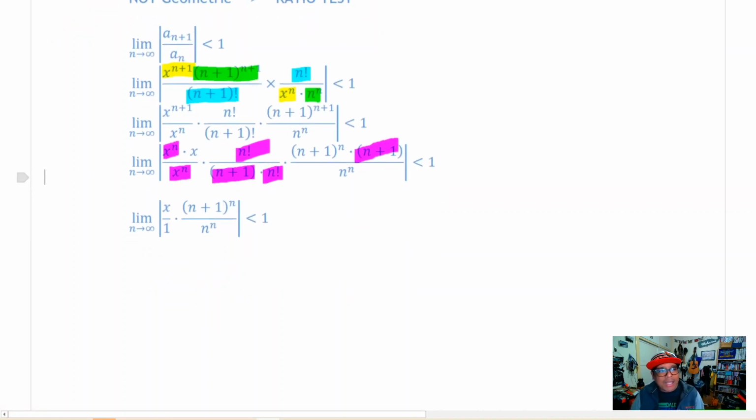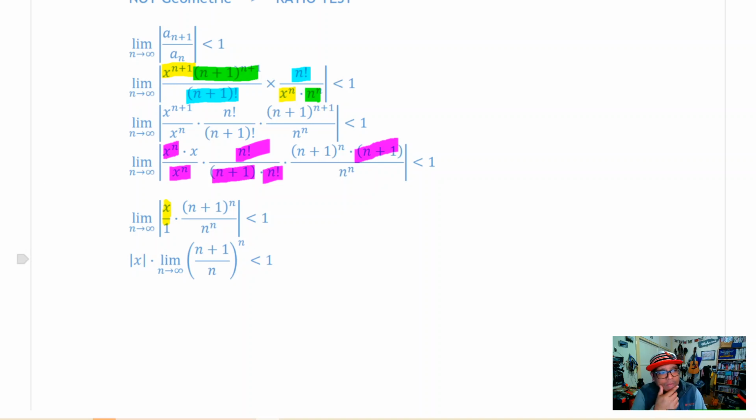Now the x right over here, I'm going to highlight this. This really doesn't have an n anymore. So that x I can take out of the limit, as long as I maintain those absolute values. n plus 1 to the n and n to the n have the same power, so I can group those together and give them both the power of n.